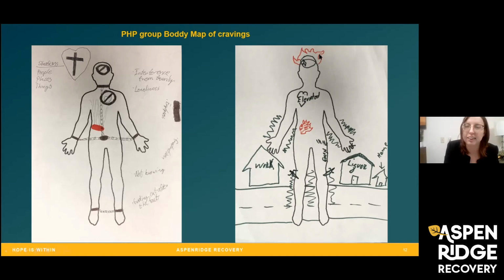Up on the other one, it's my favorite thing. This is a hamster wheel in his brain. And he talked about ruminating thoughts, leading to anxiety, leading to wanting to use. And that was a huge struggle for him and something that he worked on. The work, liquor store, home: it's interesting to note how small the home is.